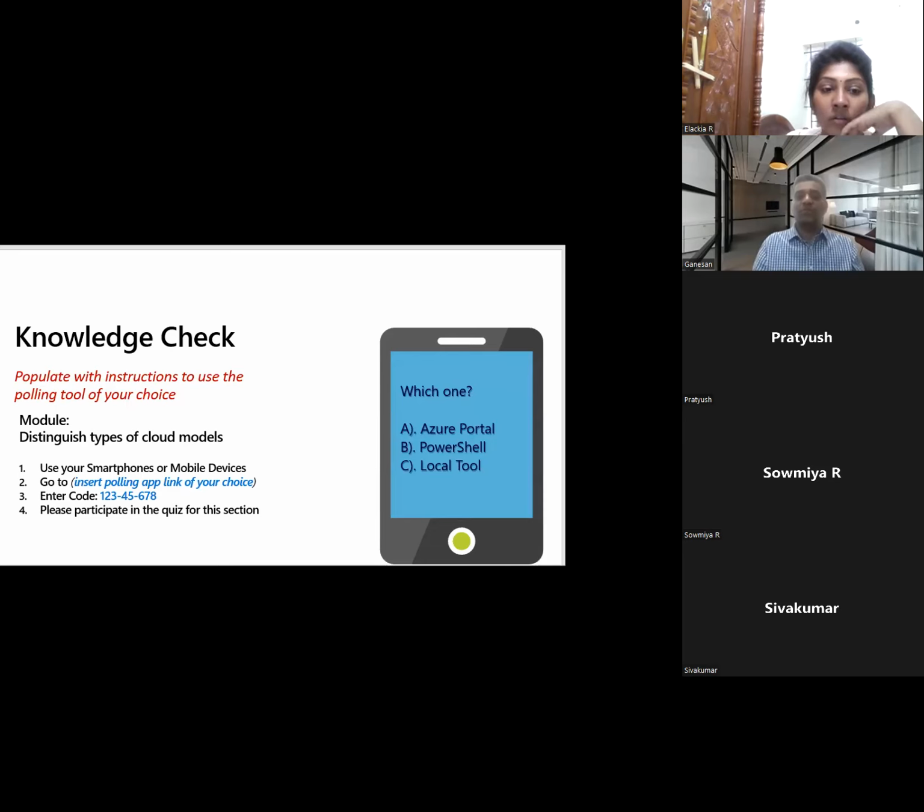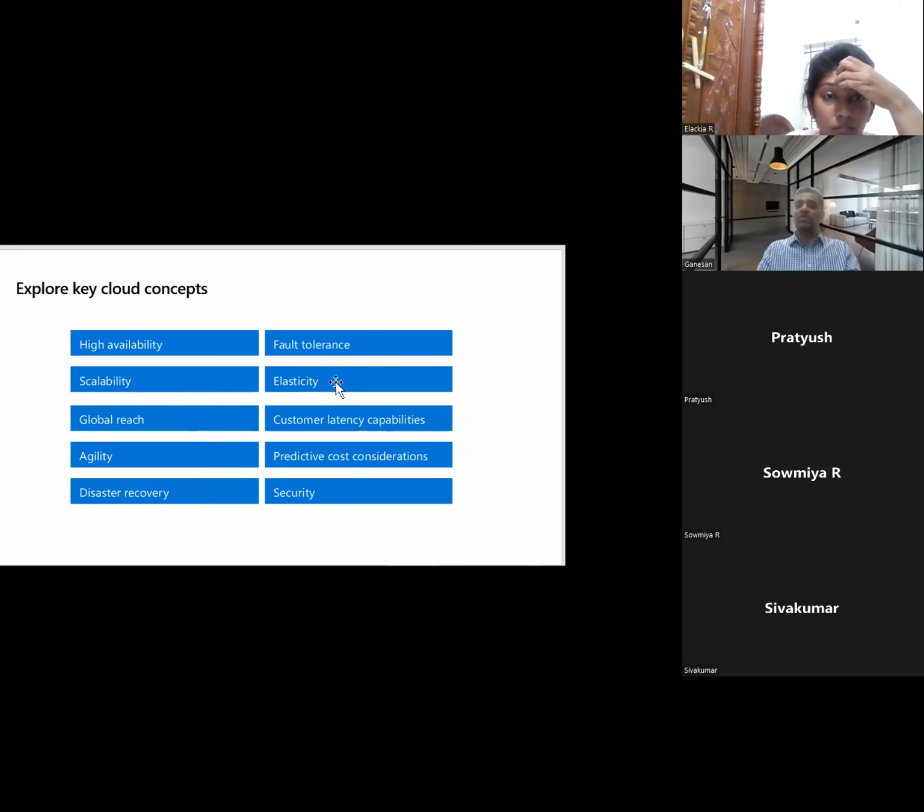So today we started with the core components of the cloud: storage, compute, and networking. Then we introduced CapEx and OpEx, and then we moved on to the cloud models. We also saw the key cloud concepts, which are features coming out of the box.